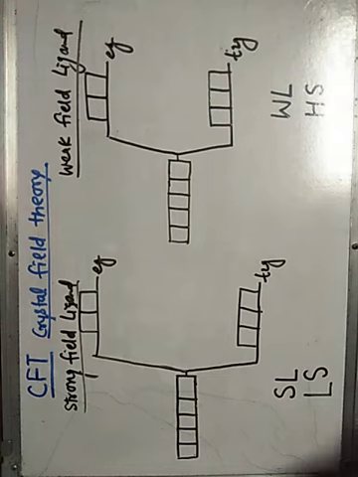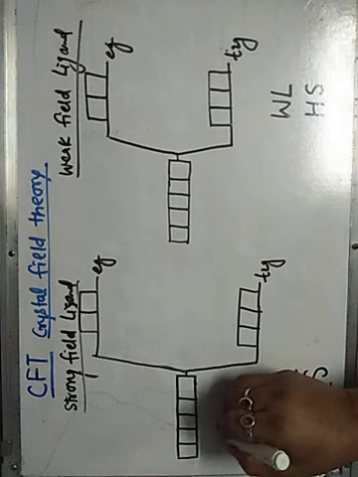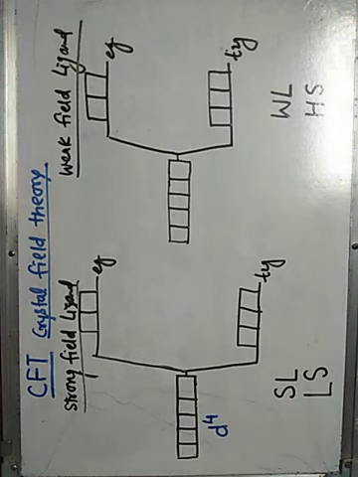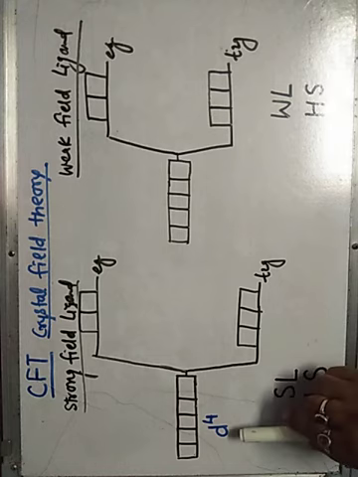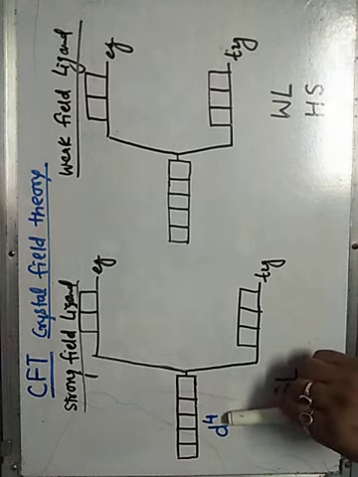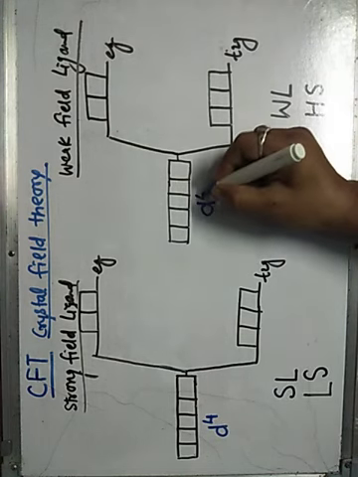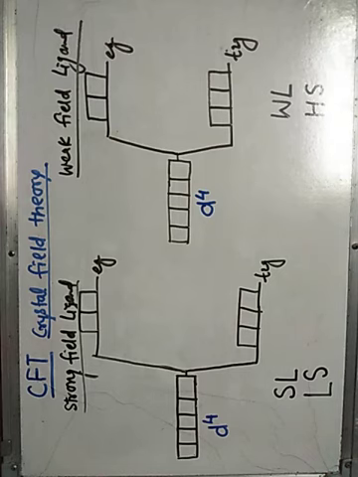Suppose I have d4 orbitals in the central metal ion. The d orbital consists of 4 electrons. So how can you fill?